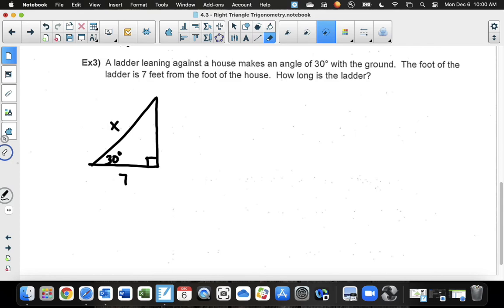If you need to check your picture, there's the picture up there. So, you said 8.08?